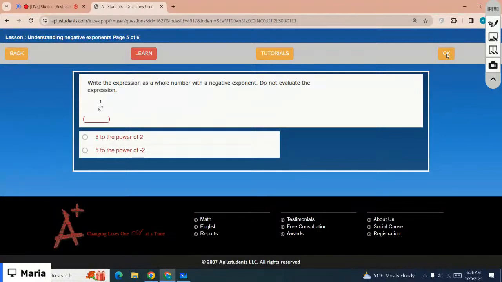The correct option is 5 to the power of negative 2, because the exponent is already positive in the denominator. You can write it with a negative exponent. So that is 5 to the power of negative 2.